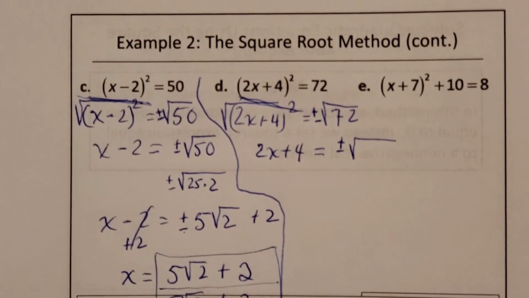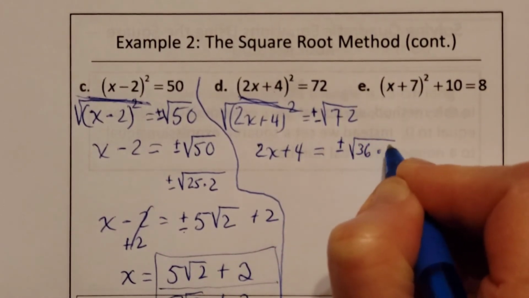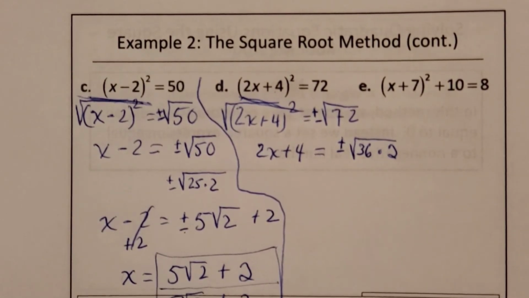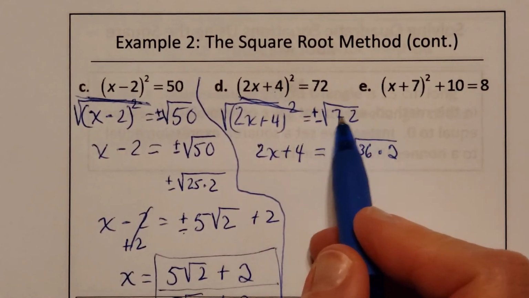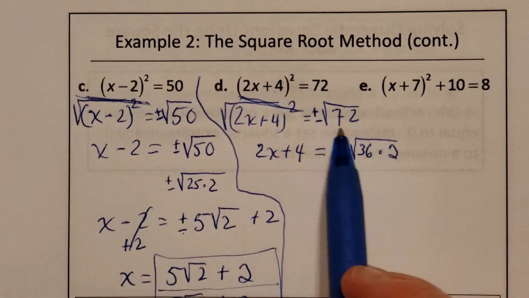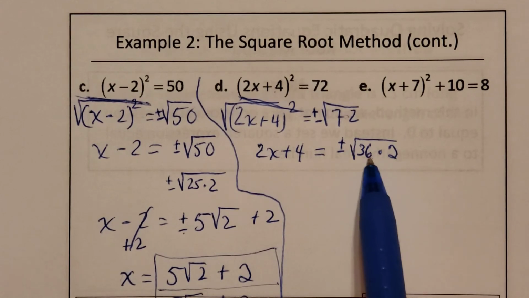Well, that number is 36. 36 times 2. Or I could find all the prime factorization. I could circle all of my pairs, how we did those a few times. Or if you have one of my calculators, type that in your calculator and it'll tell you the answer is 6 square roots of 2. But anyway, if you think of the biggest factor that's a perfect square, that'll help you.